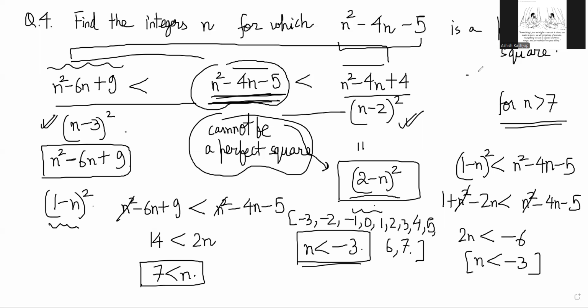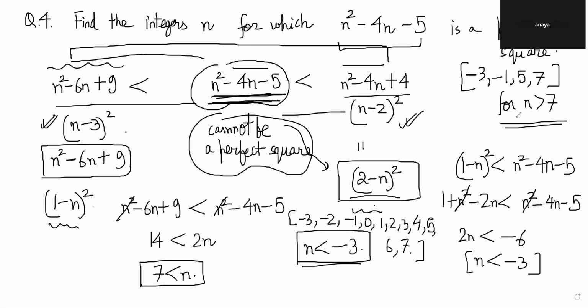The numbers that work are minus 3, minus 1, 5 and 7 out of this list of numbers. You can see that if you put 5, for example, you get 25 minus 20 minus 5, which is actually 0, which is fine. These are the numbers that work. The other numbers don't work. And these are the numbers for which it can be a perfect square now.